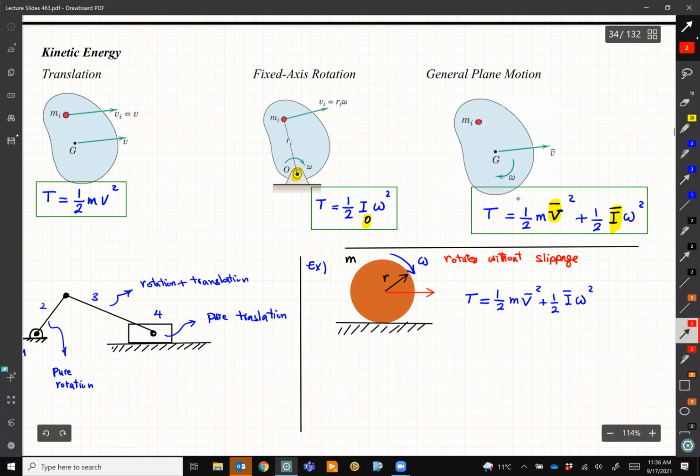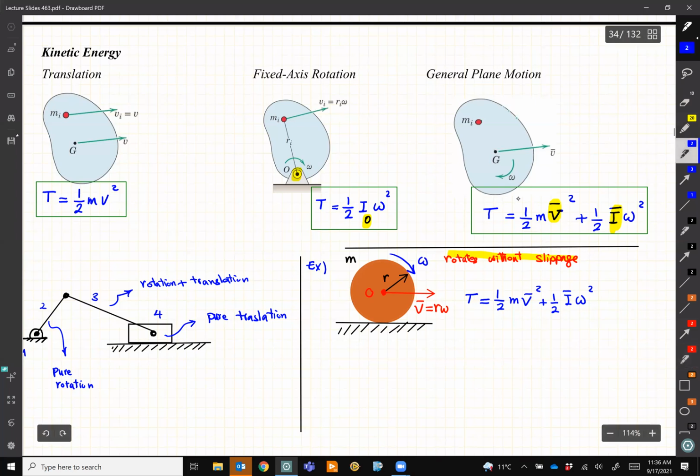Since this is a disk, we assume it's uniform, so its center is at O, the center of this disk. For V bar, the question gives us the extra information that there is no slippage. And from dynamics, you learn that in that scenario, V bar is R omega.